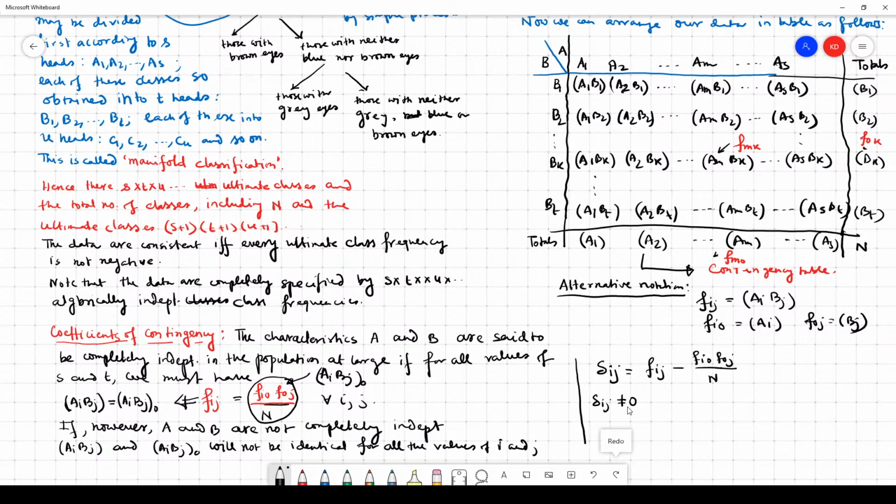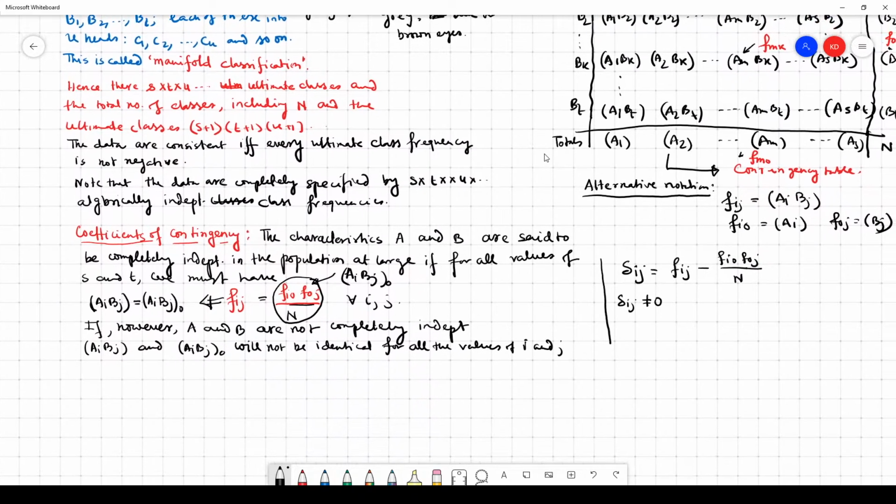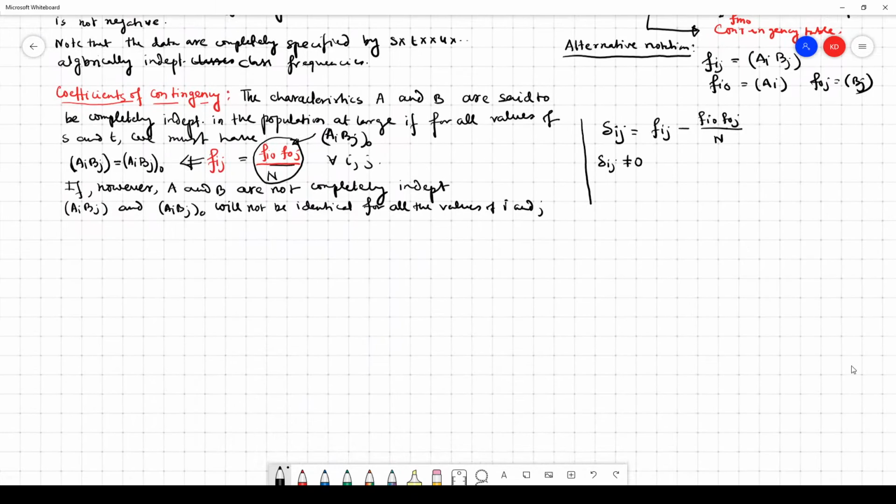So first I consider mean square contingency. So these measures are, now we consider some measures of classification. These measures are based on delta ij, and first I consider the mean square contingency.